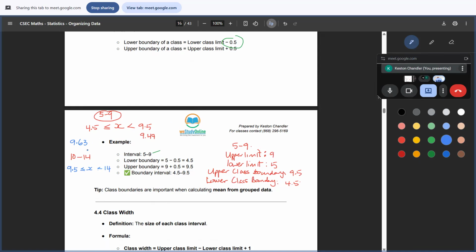So 9.63 would belong to the 10 to 14 class, right? But 9.49 will belong to the 5 to 9 class because it is less than 9.5.